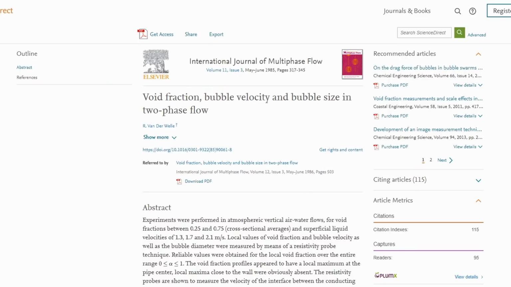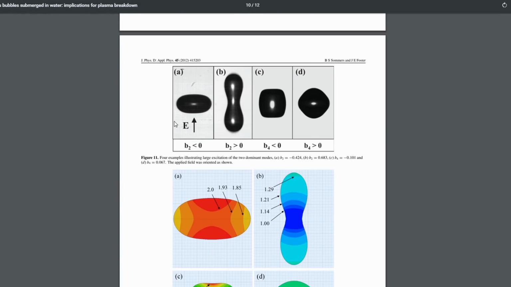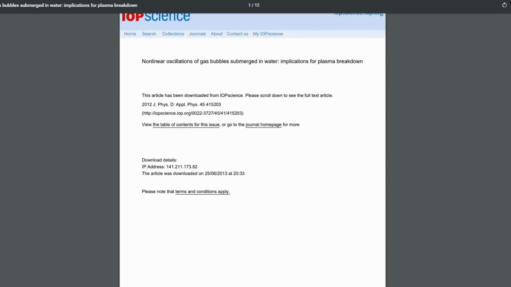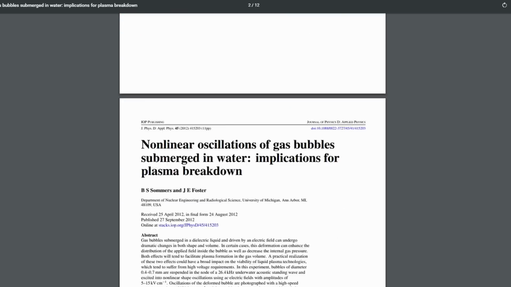Right. And these are just some of the papers that you've come across looking at bubbles, the dare I say mechanics of bubbles, fluid dynamics of bubbles. Oh, this was an interesting paper. This is looking at gas bubbles submerged in water and its implication particularly for plasma breakdown.